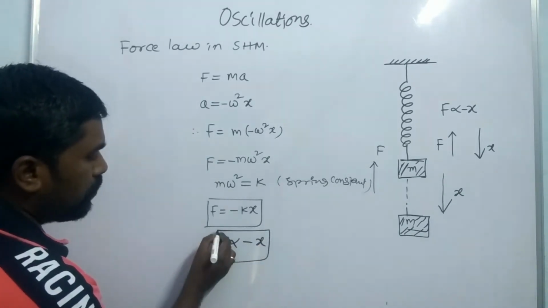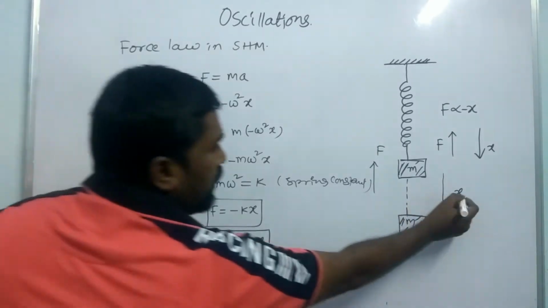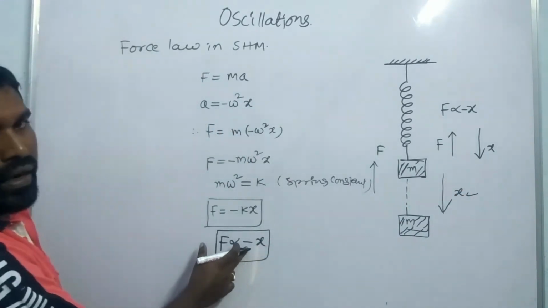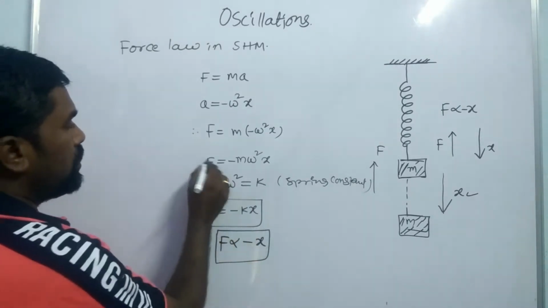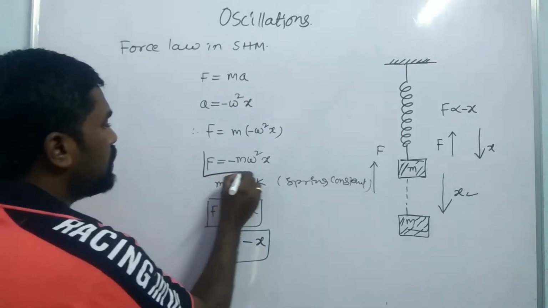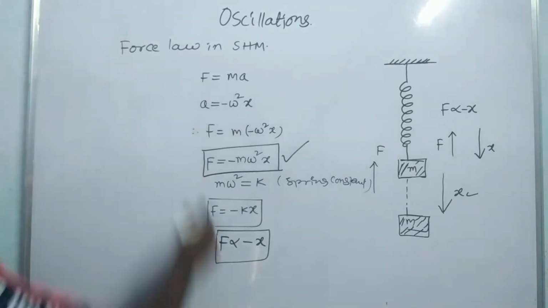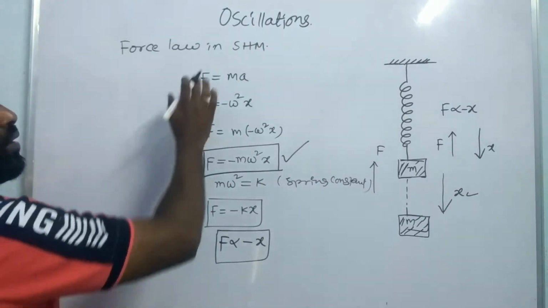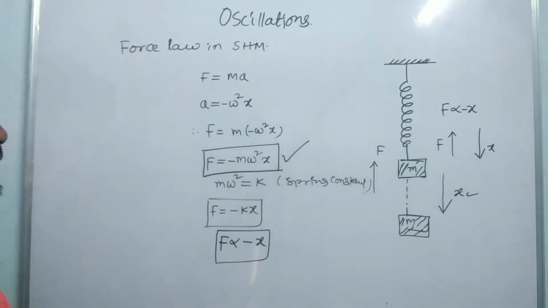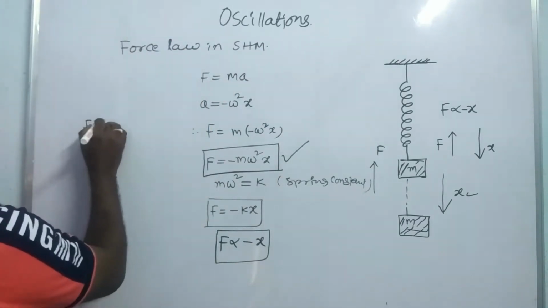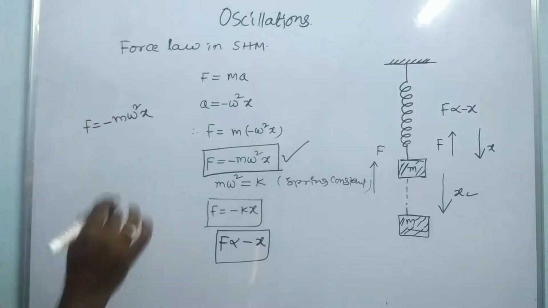From this you can write that the force will always be directly proportional to the displacement of the spring and also in the opposite direction. So here the equation of force is F is equal to minus m omega square x. This is the equation of the force law in SHM, or force law for SHM. Clear?